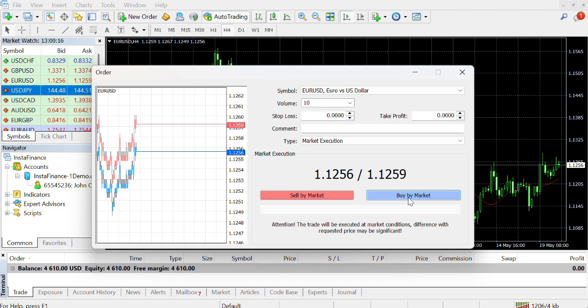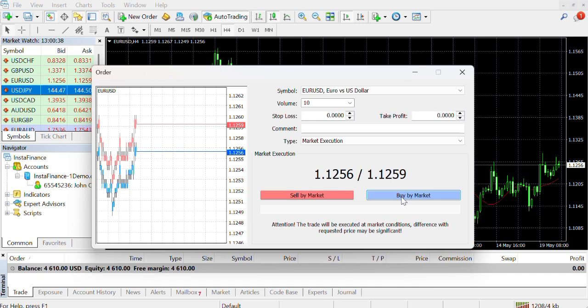So now we are going to enter a trade, and as I mentioned earlier, take note, as soon as we enter that trade, it will instantly give us minus. It does not matter whether it's sell or buy. Any one you enter, that minus 3 pips multiplied by 10, which is the volume, will always be there.